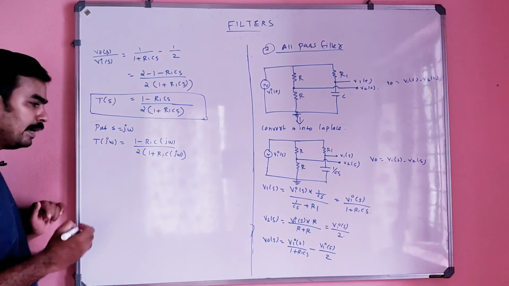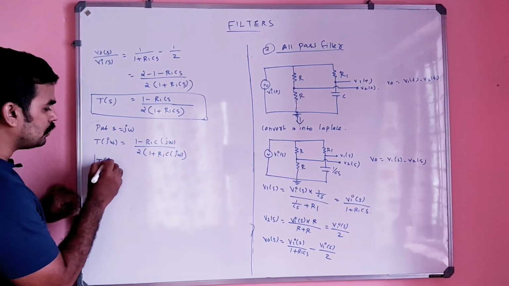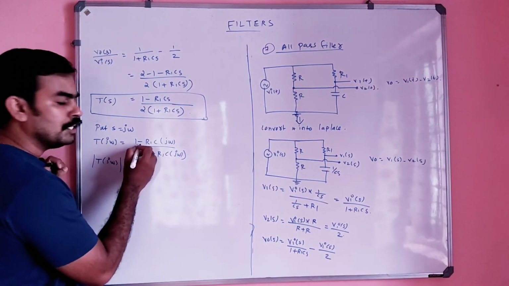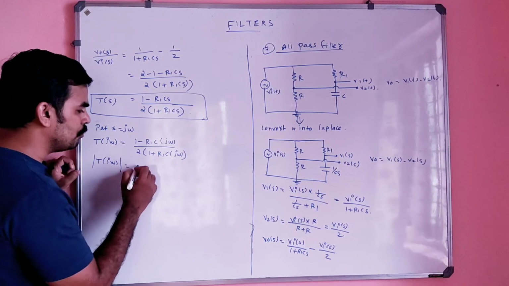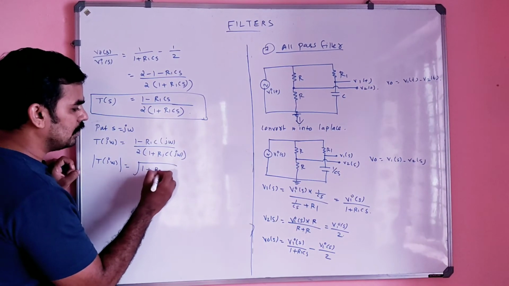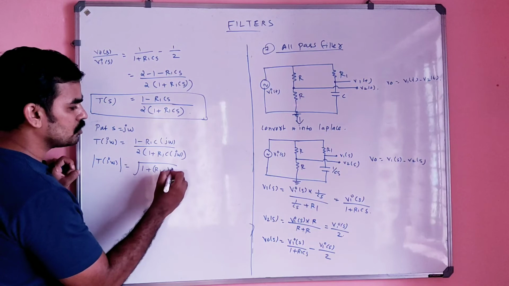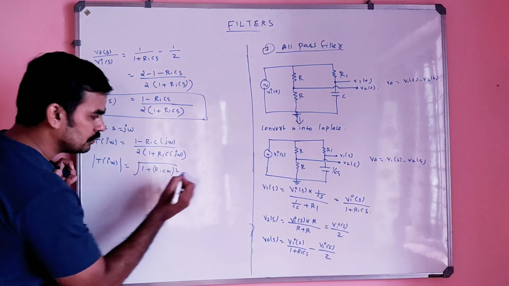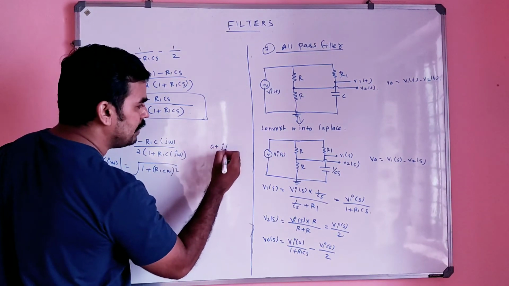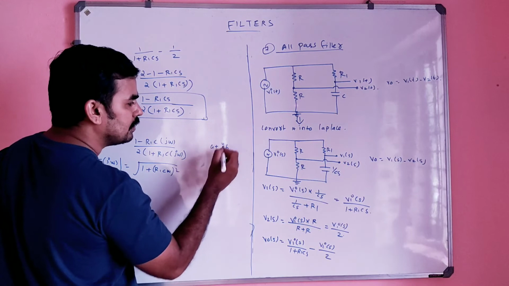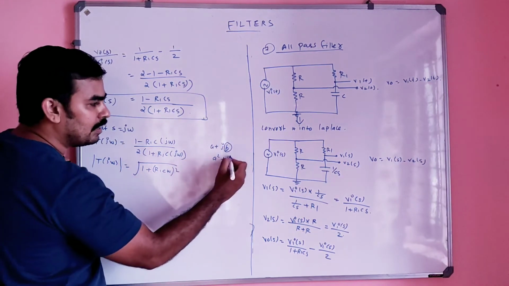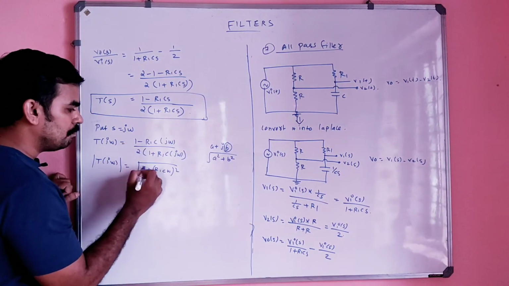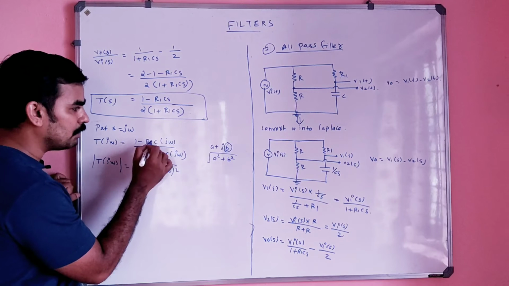Then what will be the magnitude of this transfer function? Magnitude of numerator by magnitude of denominator. Magnitude of numerator is root of 1 plus (R1C omega) the whole square. Suppose in the form a plus jb, the magnitude is root of a squared plus b squared, where b is the coefficient of j, which is R1C into omega.